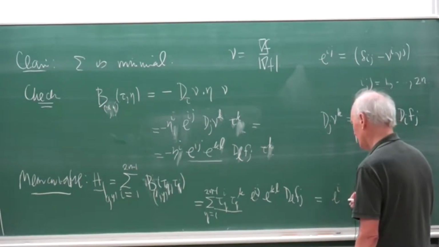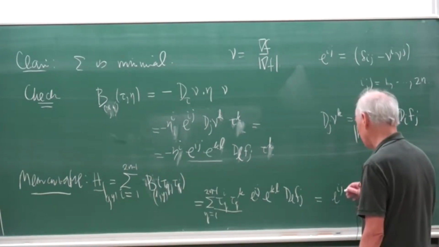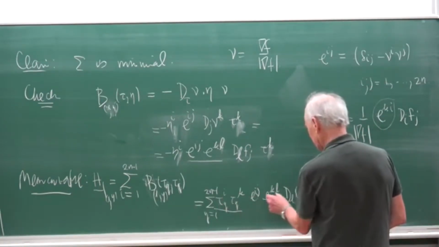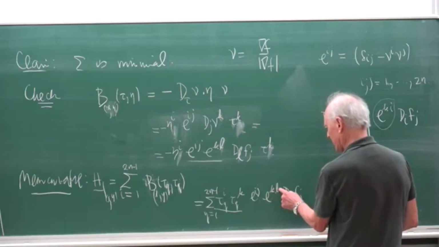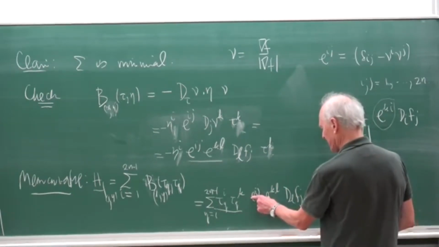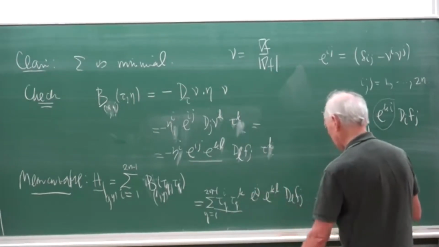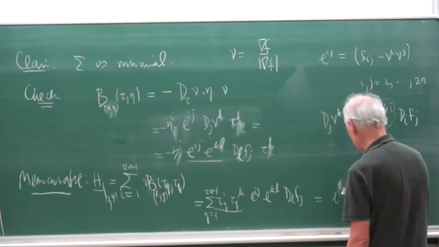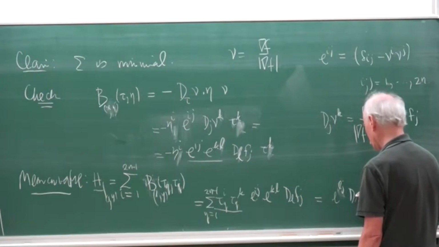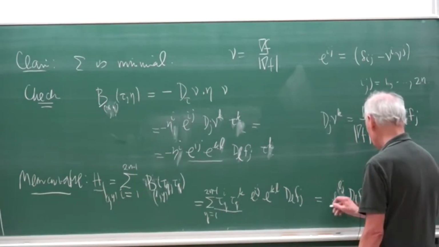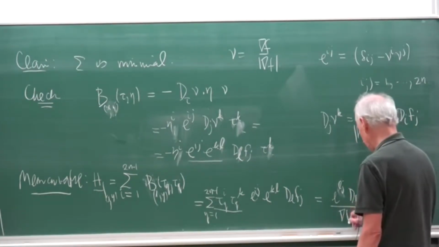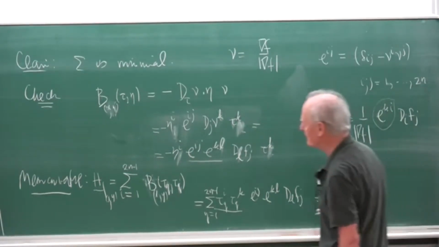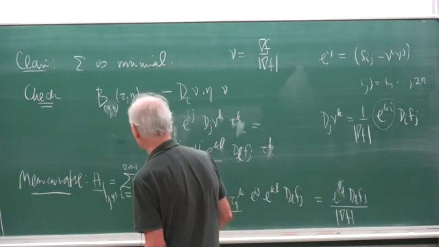In fact, it contracts twice, because first I contract this guy to get an E_il, and then I contract that pair to get an E_jk, to get an E_lj. So we get an E_lj d_l f_j over grad f. Okay, so that's the expression for the second fundamental form, and I think I've forgotten the minus sign again.